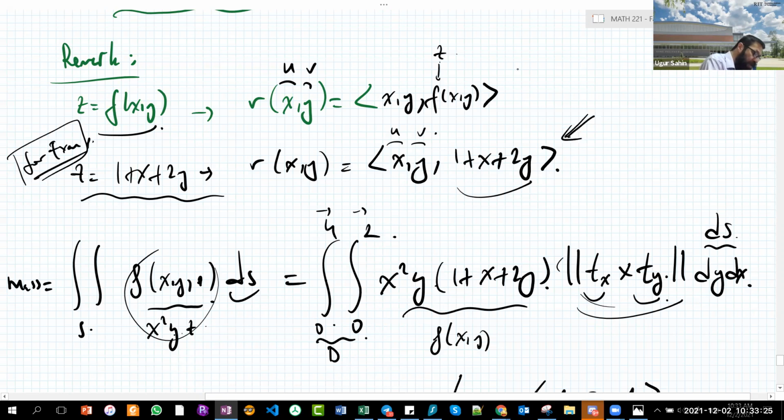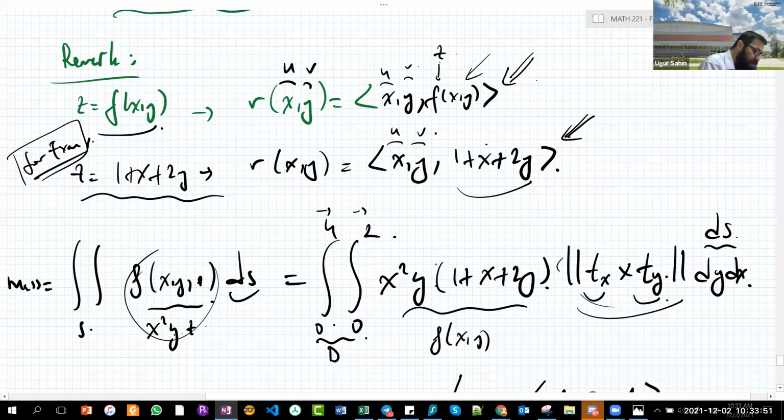For that purpose, I used the parameterization for general purpose, actually. This is the parameterization for any given function you can do. You can just replace the u by x, replace the v by y, and then that's going to be your parameter. And then just go ahead and do the rest.